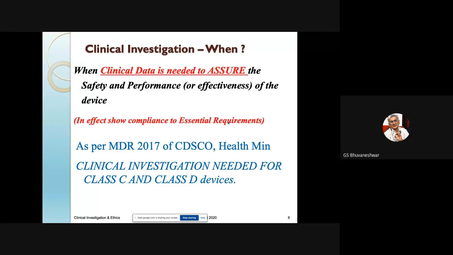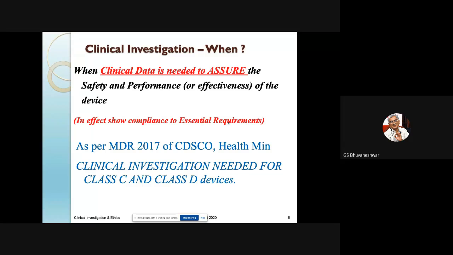So there is a set of essential requirements in our medical device rules, which have been notified. Essential requirements of medical devices were originally published in Europe under the medical device directive in 1993. Now it's globally accepted as a very fundamental set of requirements to demonstrate the safety and performance of a device.